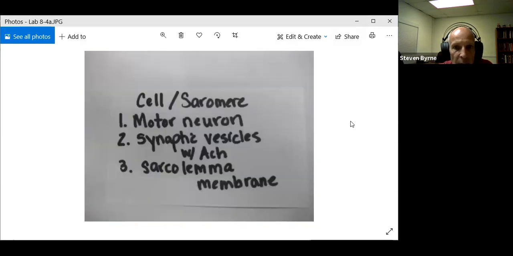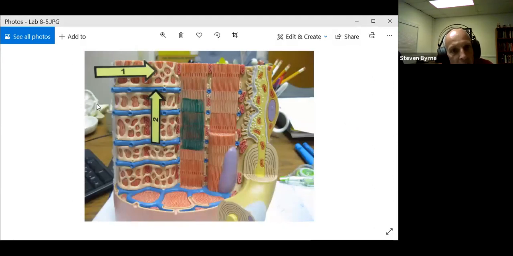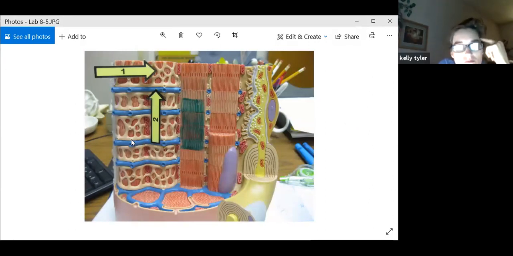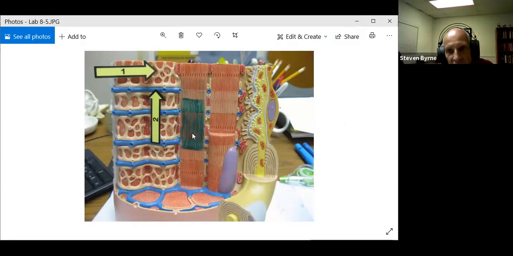And this is the model they're going to have. So motor neuron, synaptic vesicle. Okay, that is a T-tubule. Does everybody follow the blue? See the blue? It will carry the signal from the receptor on the outside all the way across the muscle fibers to the sarcoplasmic reticulum, which is this mauve or cream color.